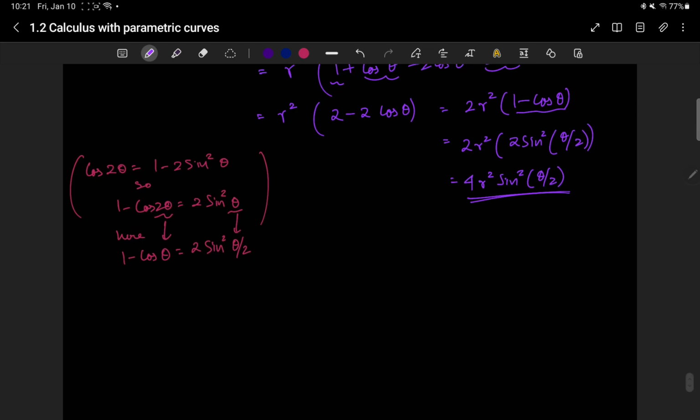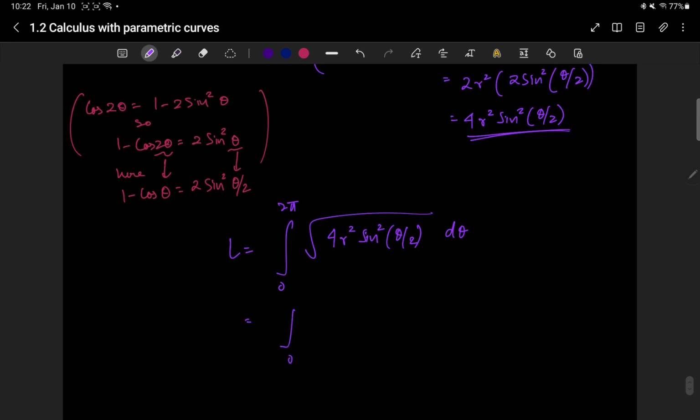Now, doing this separately means that when I plug this into the arc length formula, it's just the square root of this term. The integral of the square root of 4r squared sine squared theta over 2 d theta, from 0 to 2 pi. That's 2r sine theta over 2 d theta, which is 2r times negative 2 cosine theta over 2, going from 0 to 2 pi.